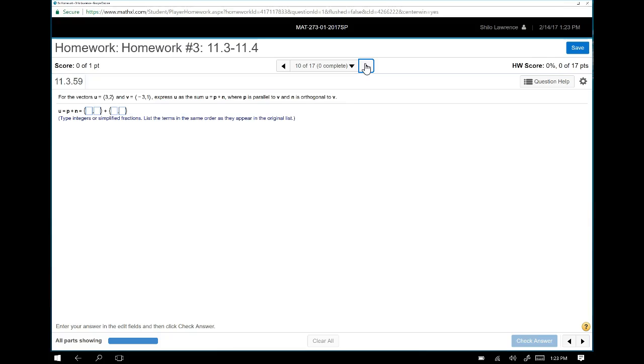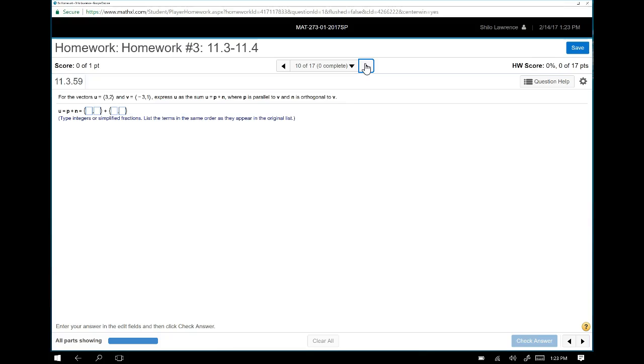All right, it says for the vectors U equals 3, 2, and V equals negative 3, 1, express U as the sum U equals P plus N, where P is parallel to V and N is orthogonal to V. This is pretty much a projection problem.